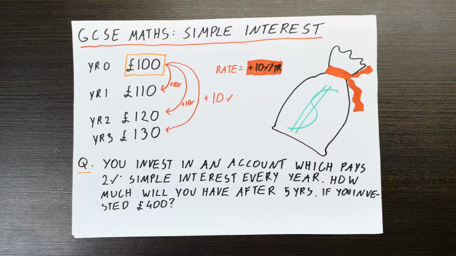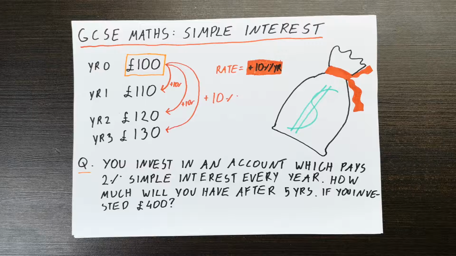Hopefully this is a little bit shorter video because simple interest is, like the name suggests, the simpler one out of the two types of interest. Today I'll show you what simple interest is, how it works, and we'll go quickly through a worked example to show you in practice how it all plays out. So without further ado, let's get started.